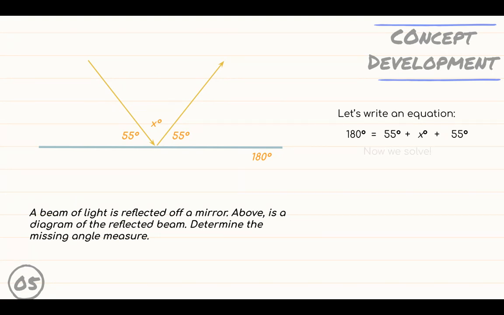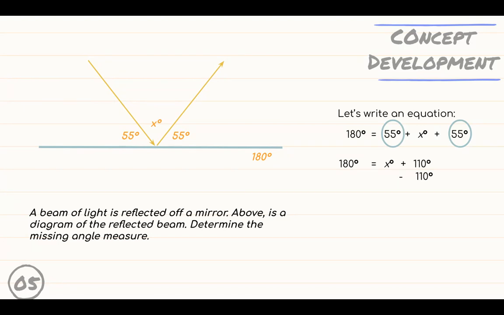Now we solve. First, I have to combine my like terms. So I'm going to rewrite my equation combining those like terms. 180 degrees equals x degrees plus 110 degrees. Notice how I switched my numbers, and I can do that because of the commutative property of addition.